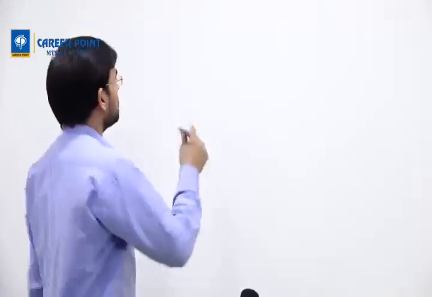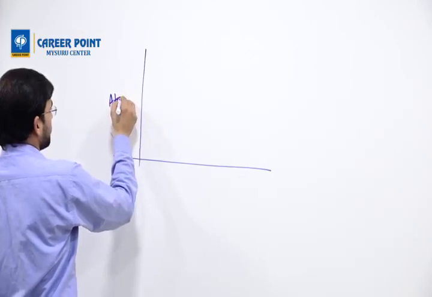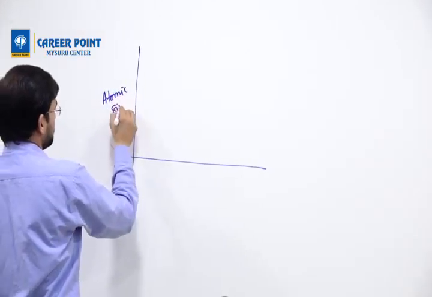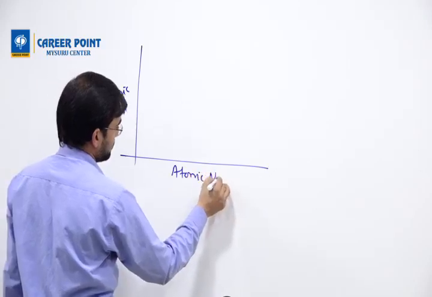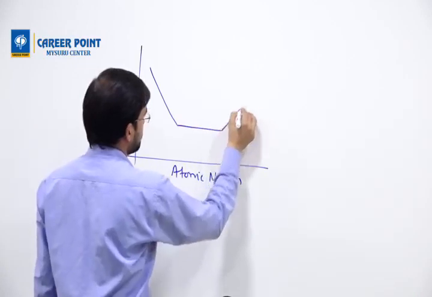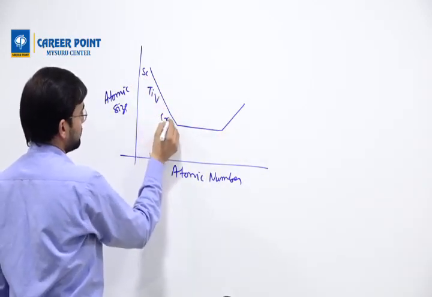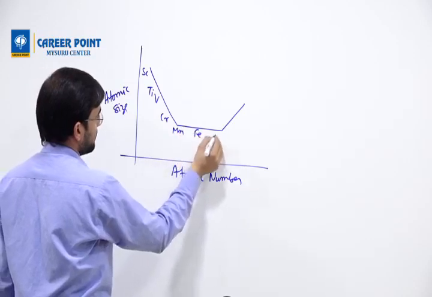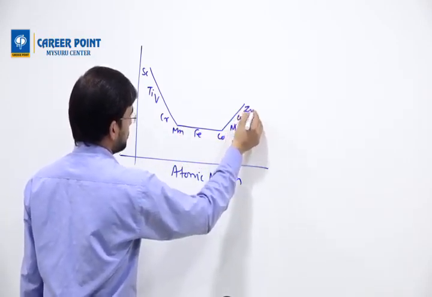Now in the D block, the size goes like this: atomic size versus atomic number. First it decreases, then it becomes constant, then it increases. Scandium, titanium, vanadium, chromium, manganese, iron, cobalt, nickel, copper, zinc.